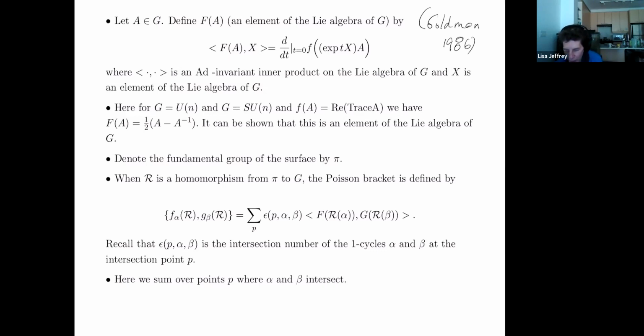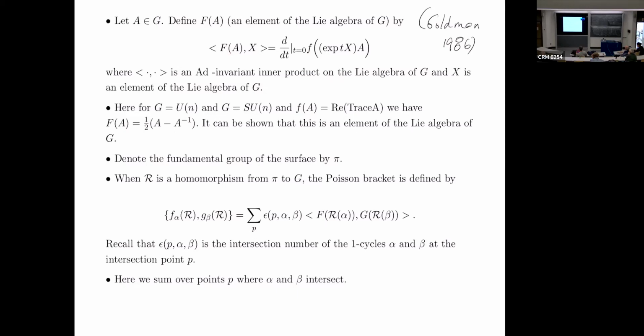Associated to another function, little f, on the Lie group, Goldman used basically the trace or the real part of the trace. Basically, you start with some function defined on the group, and you associate an element of the Lie algebra.